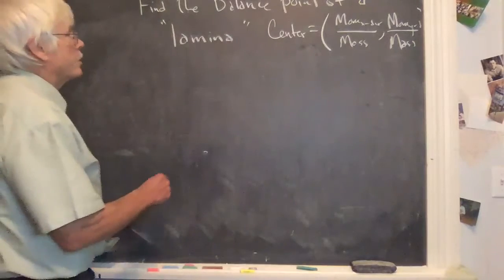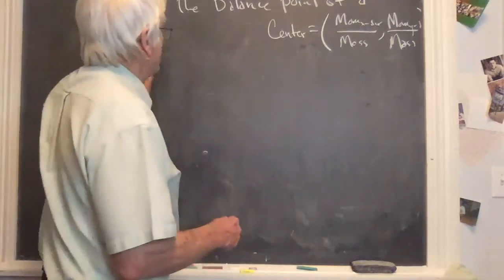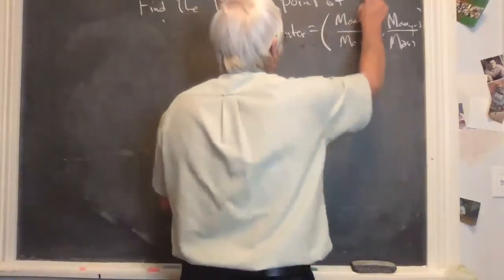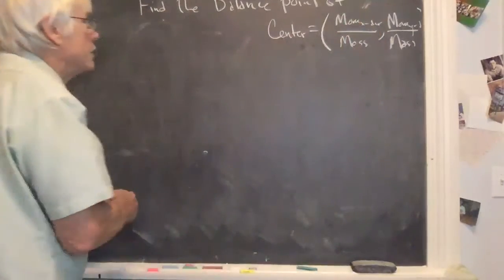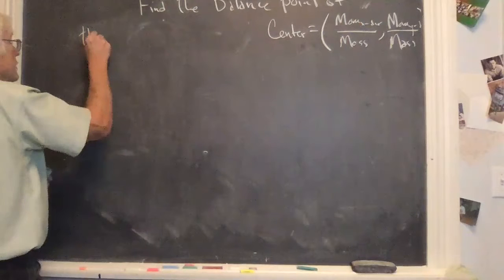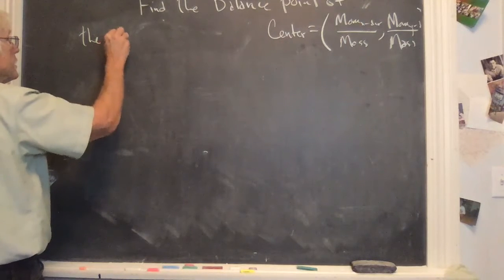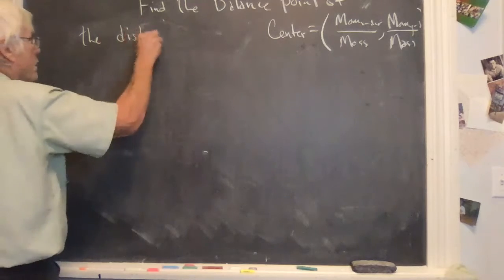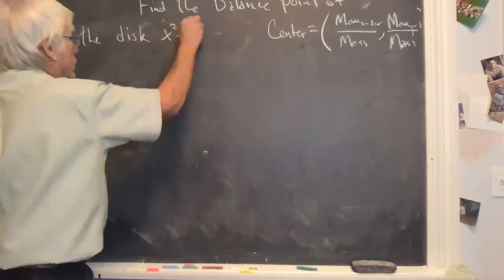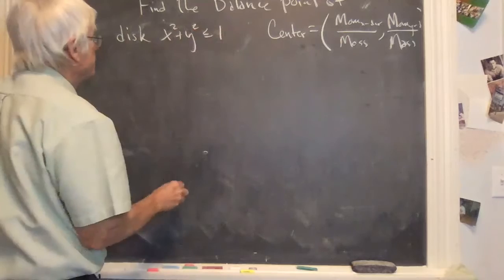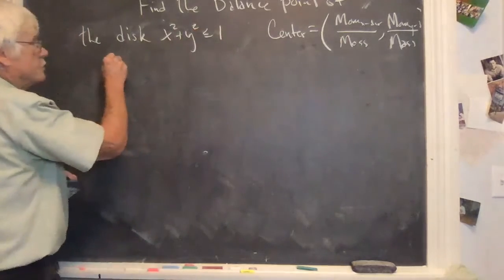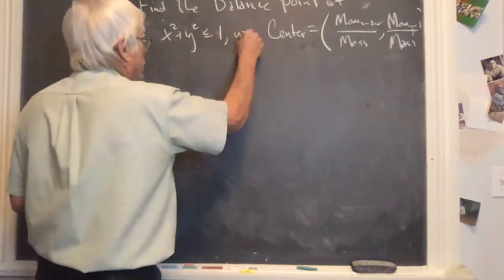Let's find the balance point of the disk x squared plus y squared less than or equal to 1, and y is bigger than or equal to 0.